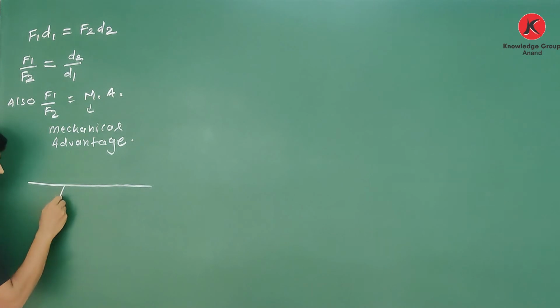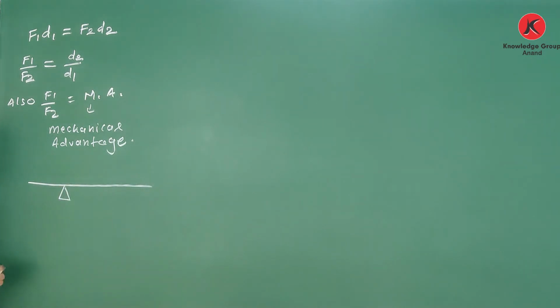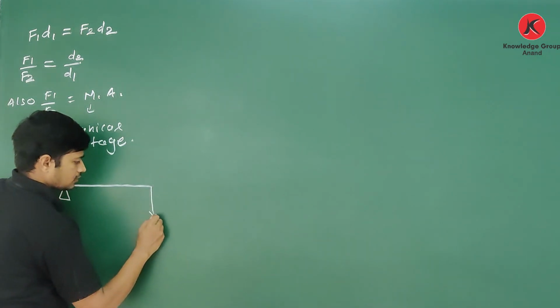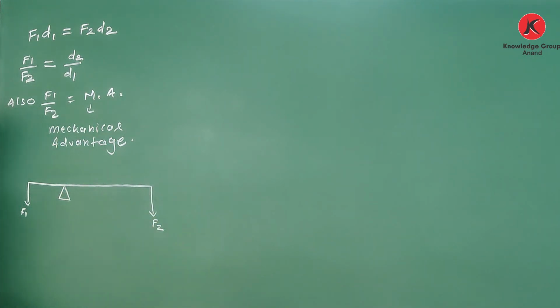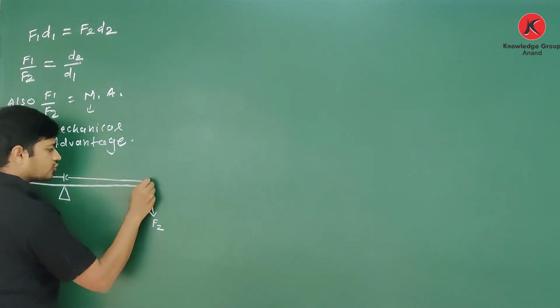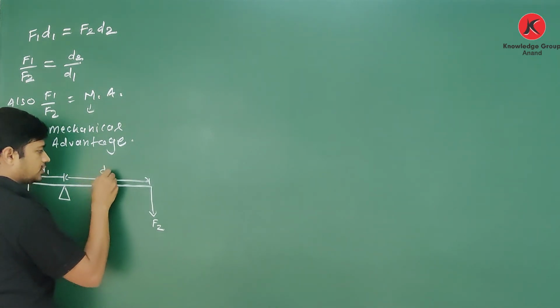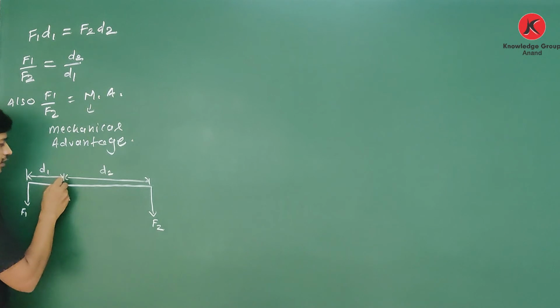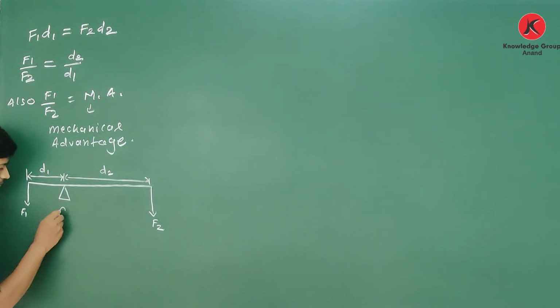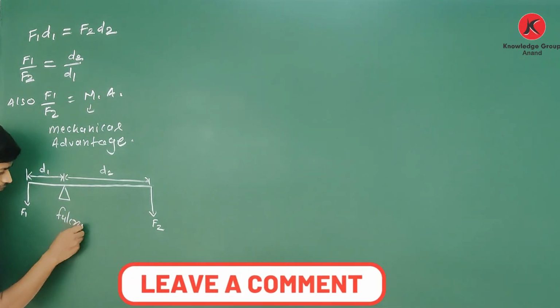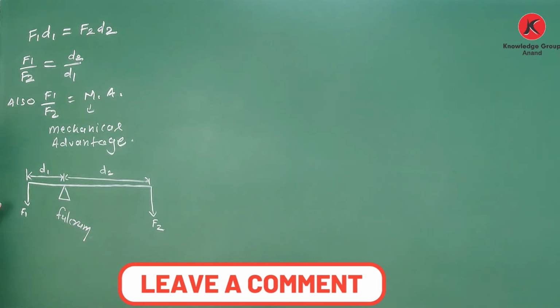If it is the fulcrum, F1, F2, the distance of F1 from the fulcrum or load is called load arm, and this is called effort arm. Clear about this? Okay, it is the fulcrum.